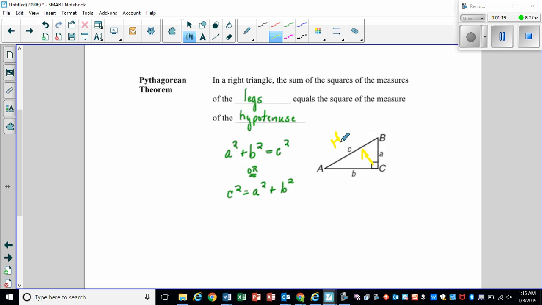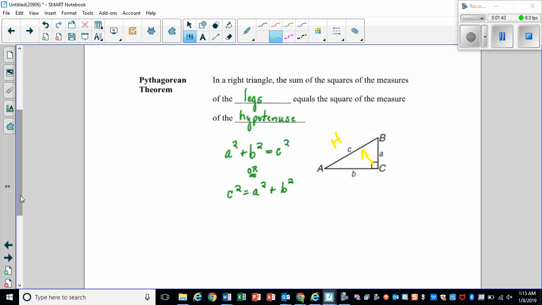The other two sides are just called the legs of the right triangle. So a squared plus b squared equals c squared, or the hypotenuse squared equals the sum of the squares of the two legs.